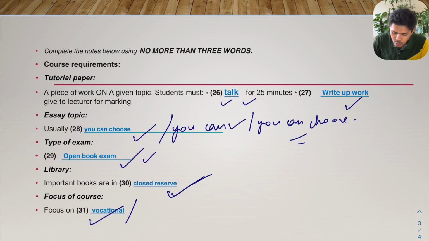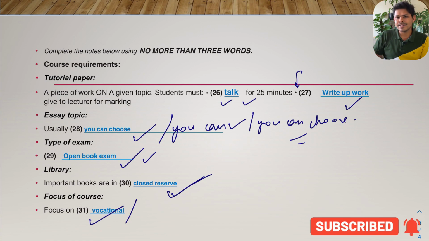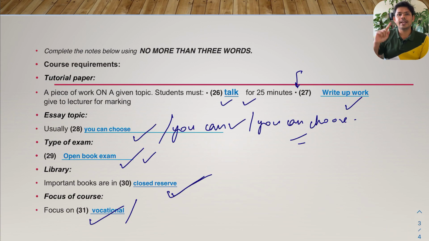Because after 25 minutes, you see there is a full stop. Very important. Full stop means that sentence ended there. Then a new sentence is starting. When a new sentence starts, W has to be capital. Over here, if I write W as small, it is wrong, because after a full stop, a new sentence starts, and the first letter has to be capital.